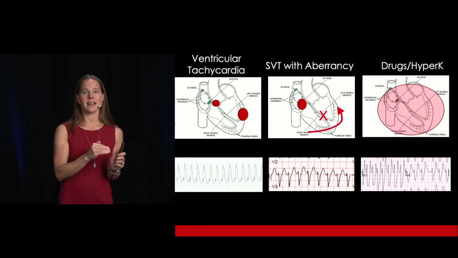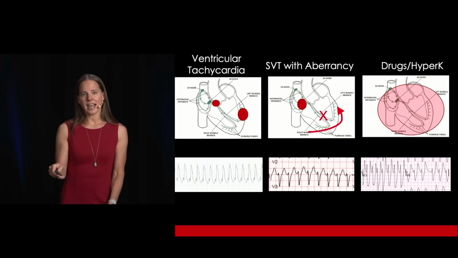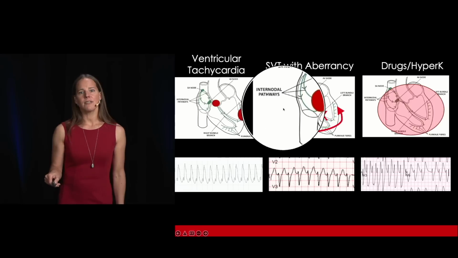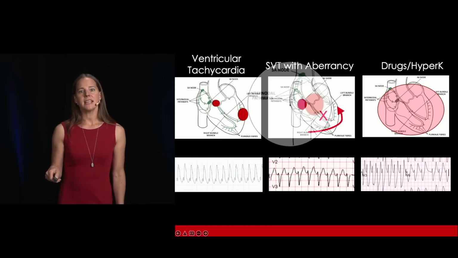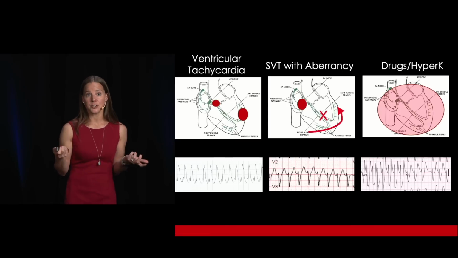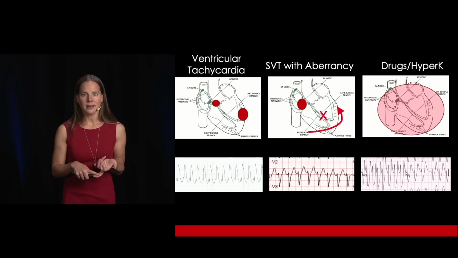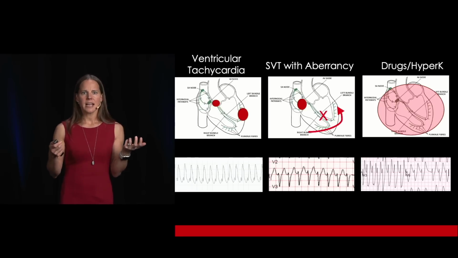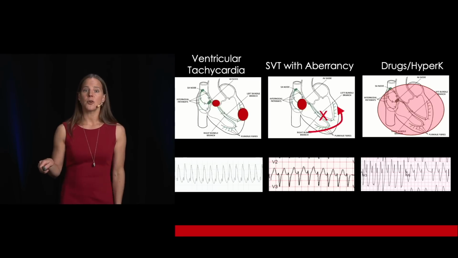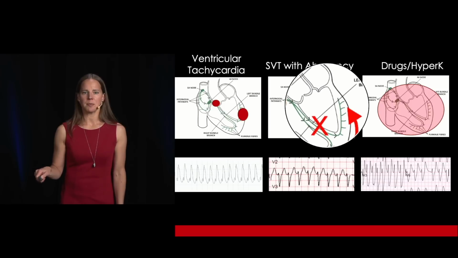Now that's VTAC. SVT with aberrancy, you actually have the focus of the rhythm coming from up here. It's somewhere in the supraventricular area, so this is coming from the atria. Let's say you have an AV nodal reentrant tachycardia, or you have a flutter, and that supraventricular rhythm is going down, but let's say you have an underlying bundle branch block.